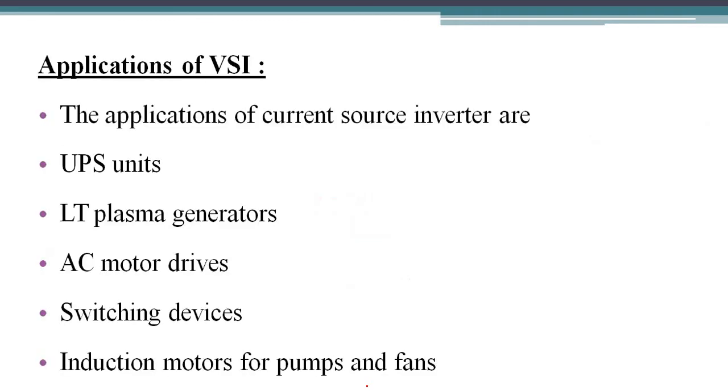Okay. And let us see some applications of the inverter. The applications are in UPS units, uninterrupted power system units, low tension plasma generators, AC motor drives, switching devices, and induction motors for pumps and fans.